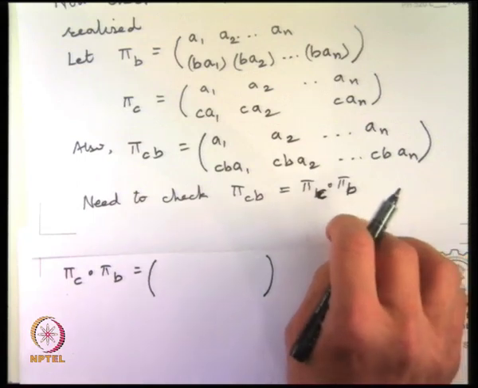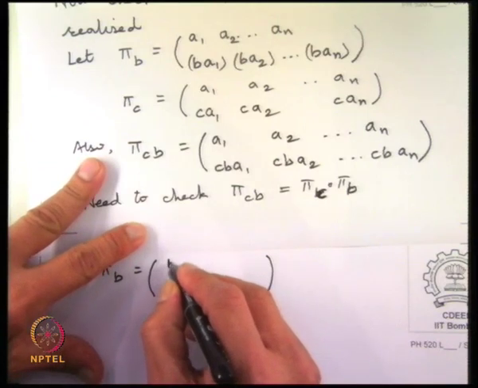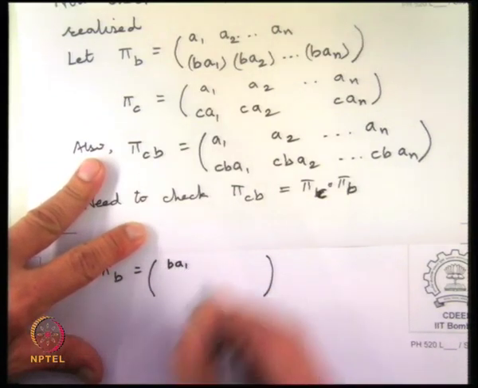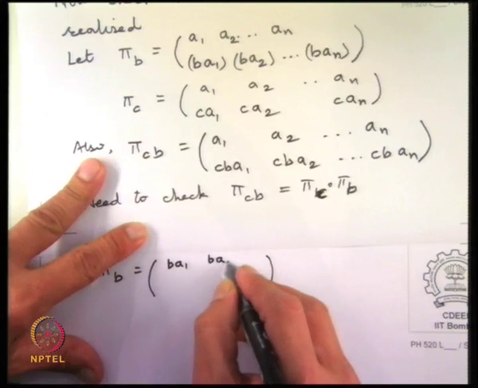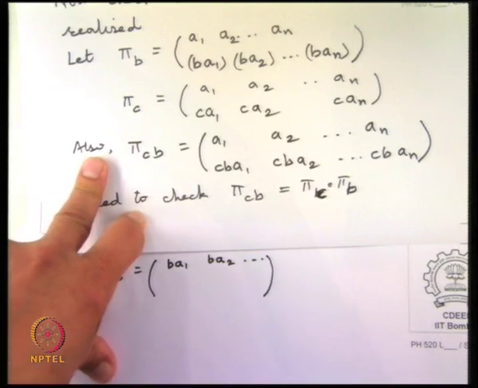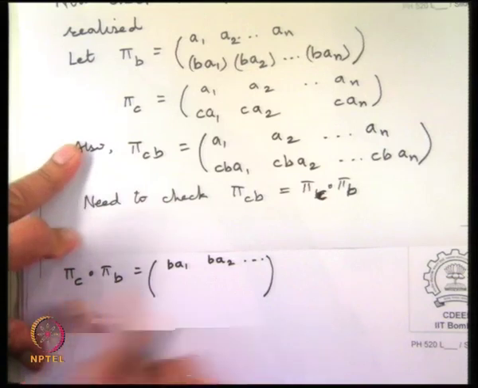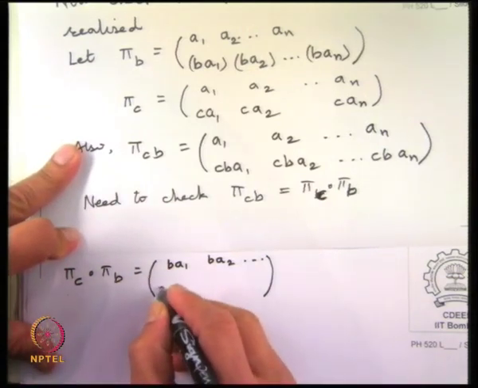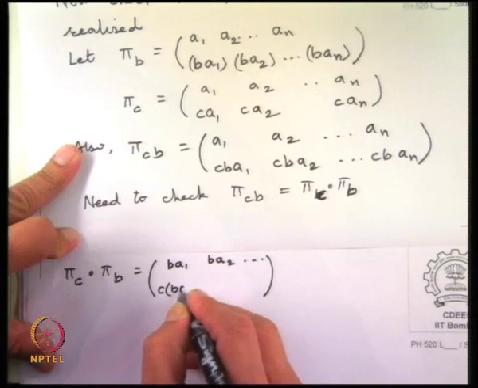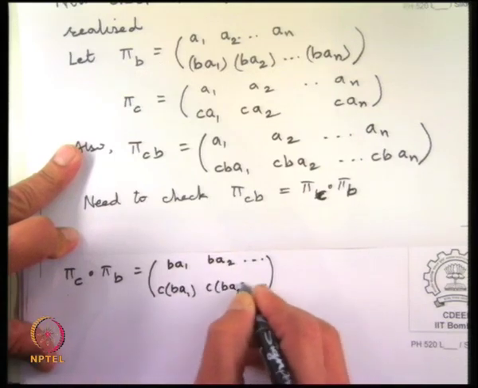we will write pi C in the form BA1, BA2, etc. Suppose I write the top row like this, then by our rules of representation, it means that the lower row will be equal to C BA1, C BA2, etc. Right?